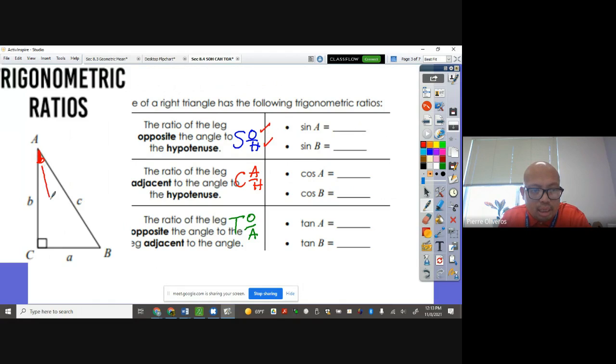The opposite to angle A is A over, what's the hypotenuse? C. So A over C is the answer. For sine B, where's the angle B? Angle B is right here, this blue one. Opposite to angle B is side B, over the hypotenuse, which is C. So it's B over C.